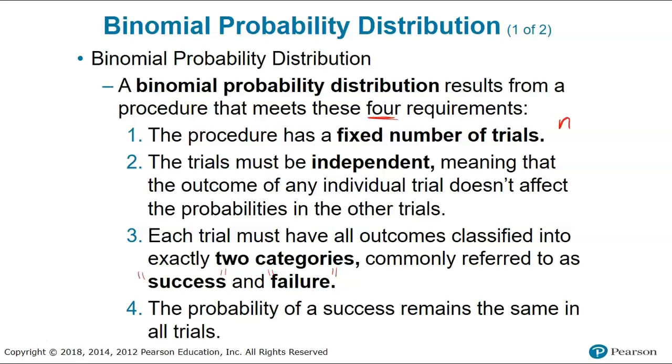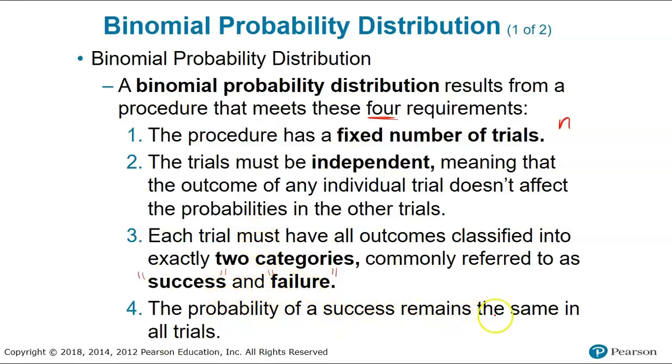It really just depends on, success is kind of the characteristic you're looking for. Failure would be the complement to that. So the main thing is that you have the 2 categories, and we'll call one quote success and the other failure, understanding that we're not implying any kind of connotation there.